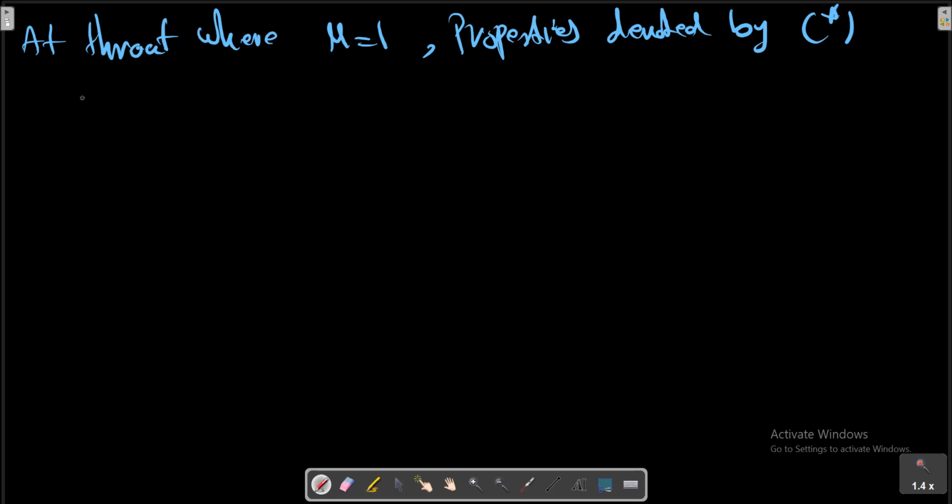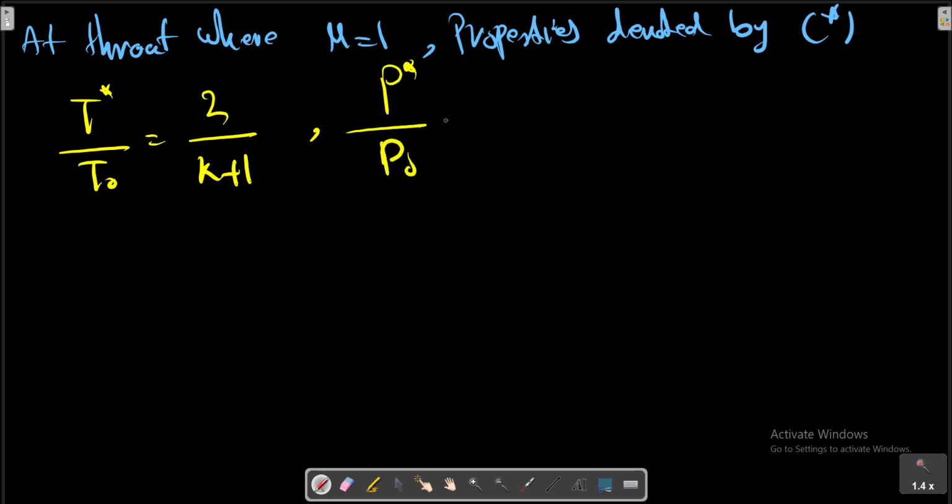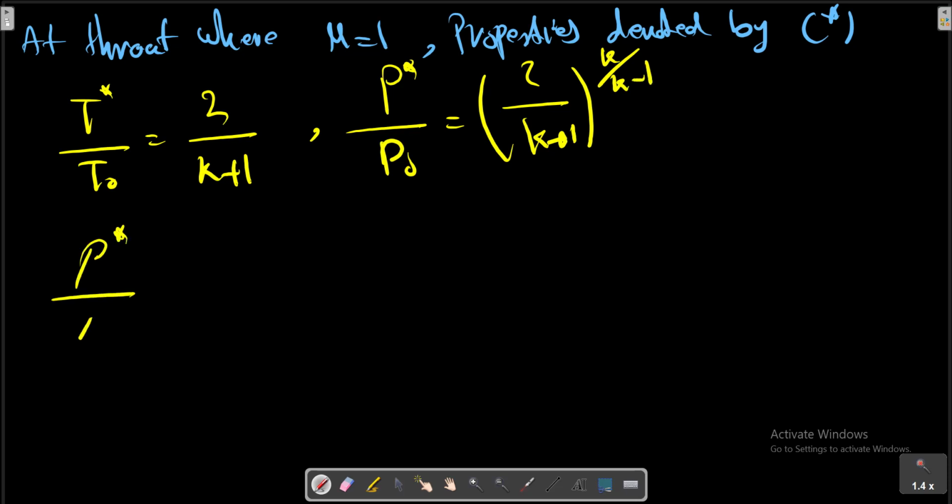So we can write T star on T0, P star on P0, rho star on rho 0.